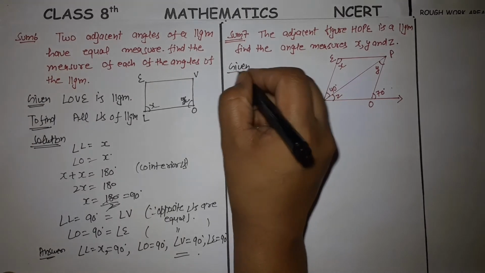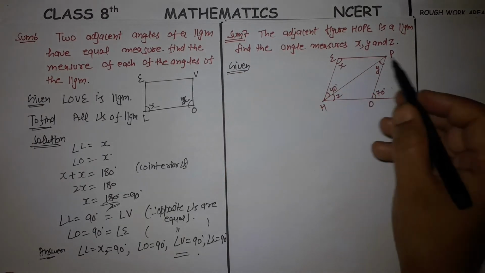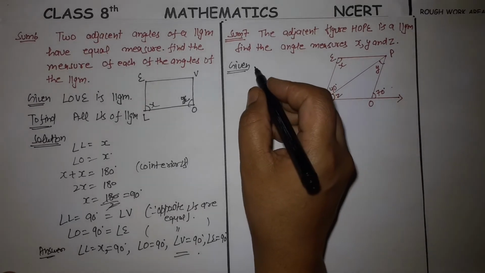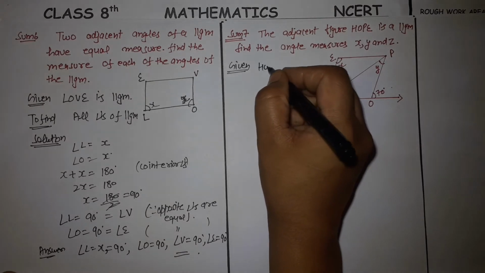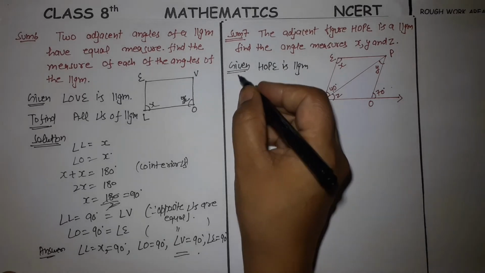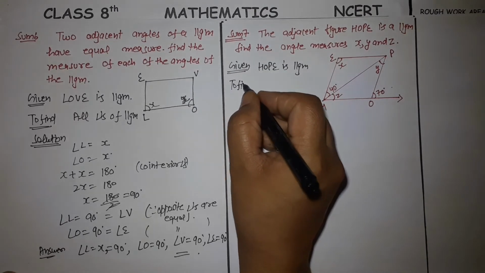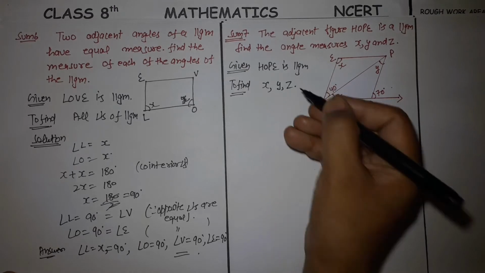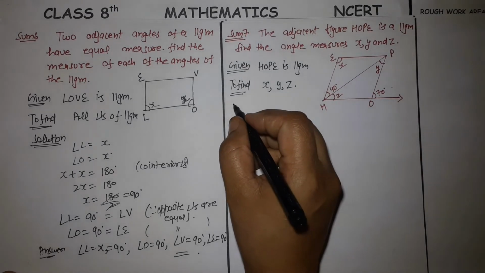Given figure, you have to always make it on the right side of the notebook. HOPE is a parallelogram, given. Then to find x, y, z, the unknown quantities.